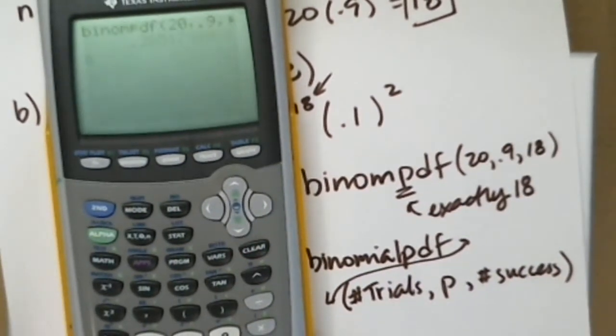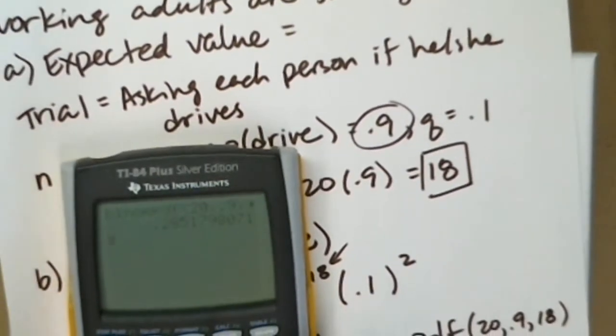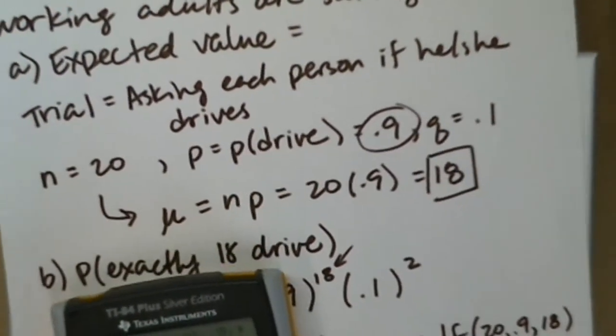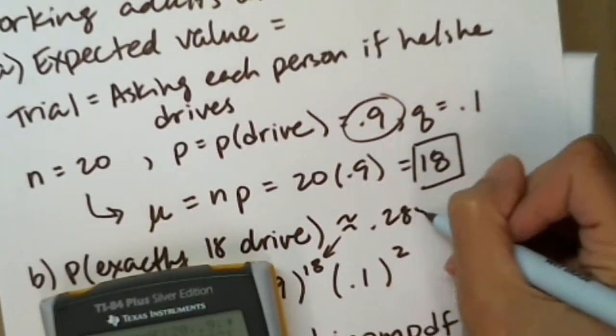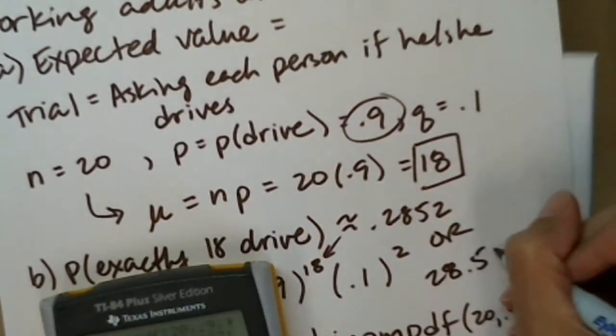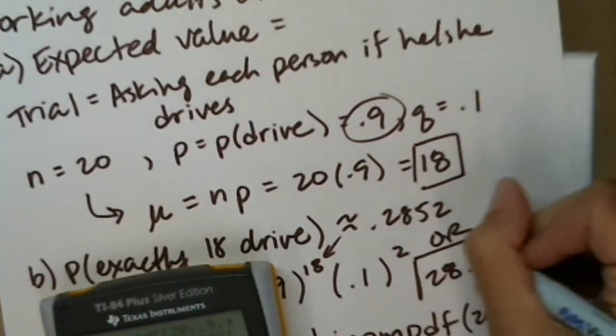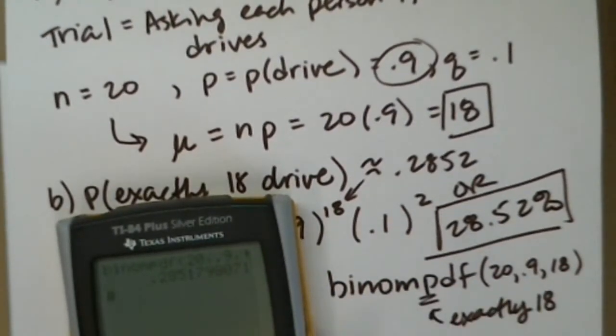And I go ahead and just hit enter, and I end up with this probability. So the probability that 18 drive is approximately 0.2852, or about 28.52%. Okay, so that's the binomial PDF.